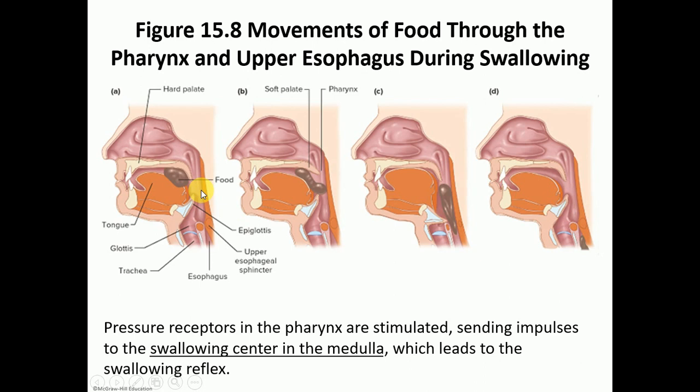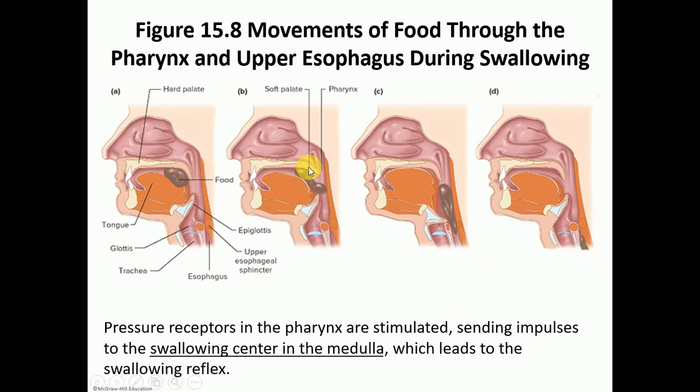there are several ways the food can pass. The food could pass down into the trachea, or it could pass down here into the esophagus, and that's where it should be going, or it could pass up here into the nasal cavity. So to make sure that food really only has one pathway to go, we have to close those other two pathways. And those closures are part of this reflex.